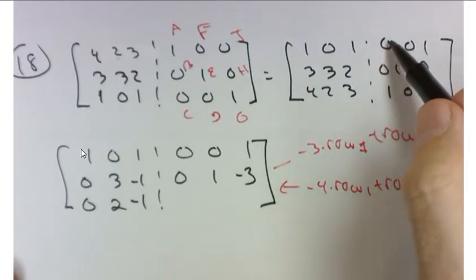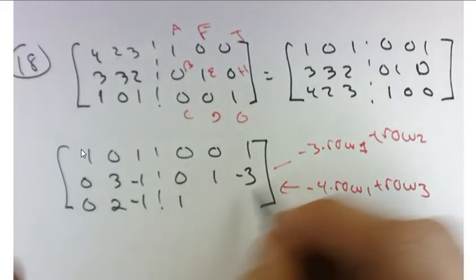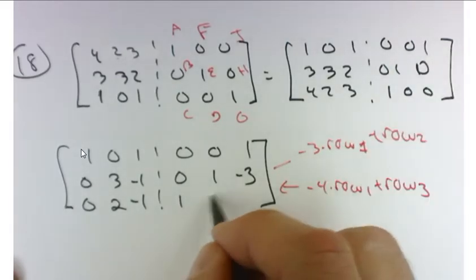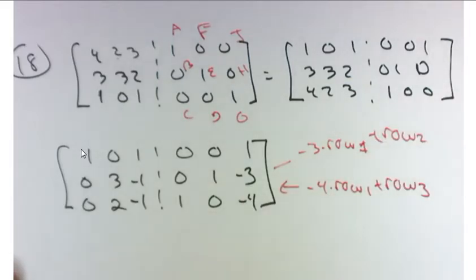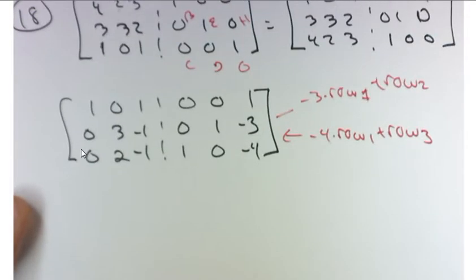And 0 times -4 is still 0, so I got a 1 there. 0 there, and then a -4 here. So I'm getting a little bit closer, which is good. I want to help us get through this a little bit faster because I can sense a little impatience. All right, I understand. We're almost done.